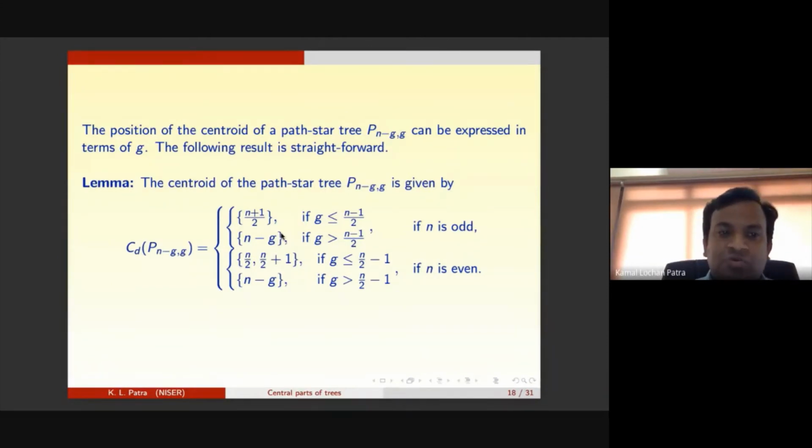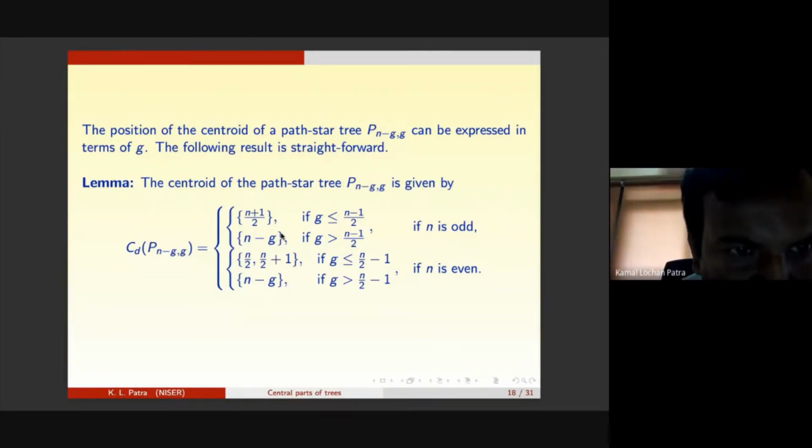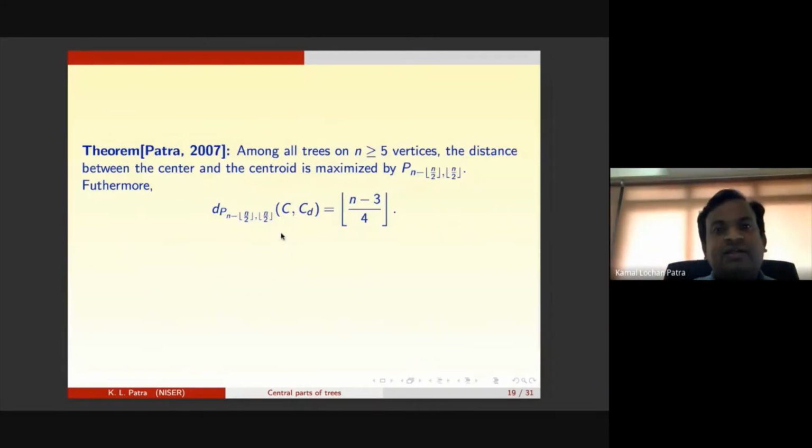So how will this help in solving our problem? What I proved in 2007 is that among all trees on n greater than or equal to 5 vertices, the distance between center and centroid is maximized by the path star tree P_{n-g,g}, where g equals the greatest integer function of n by 2.